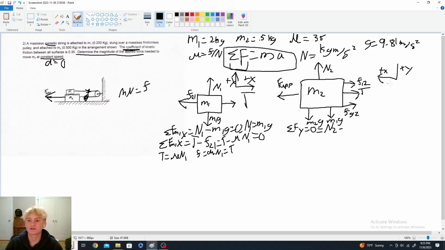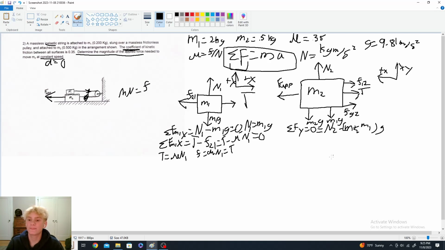Because N2 is positive in our positive y direction here, going up, minus m2g minus m1g. Now we can factor out the g. We can write this as m2 plus m1 times g, just simplifying it.